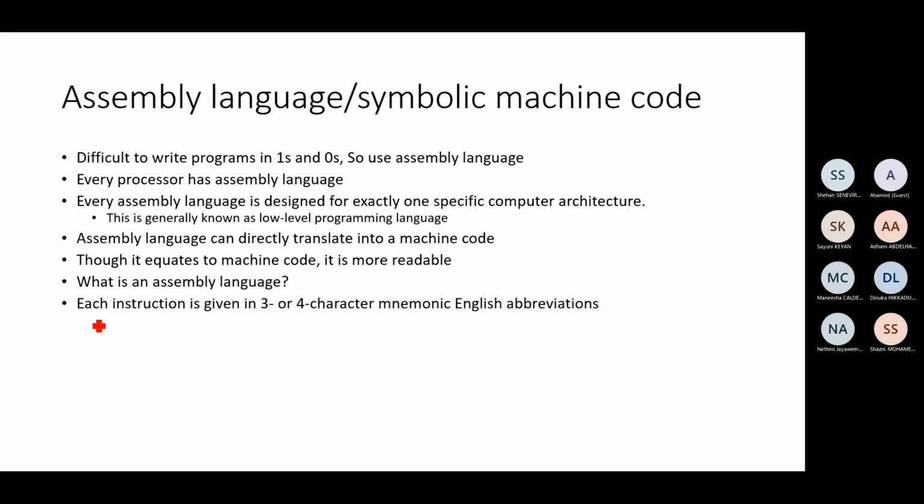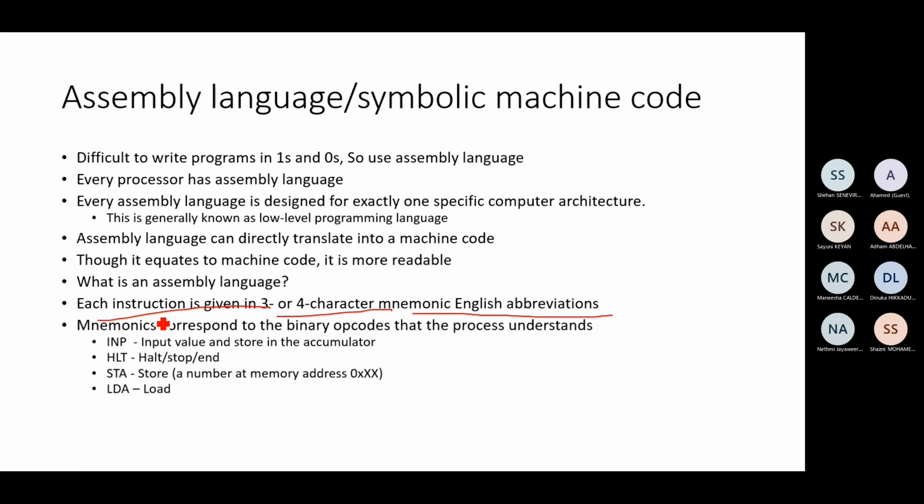Now, each instruction is given a 3 or 4 character mnemonic, English abbreviations. As an example, INP, HLT, STA, LDA. All of these are shrunk versions, where they have selected detailed words and reduced them to 2 or 3 characters.